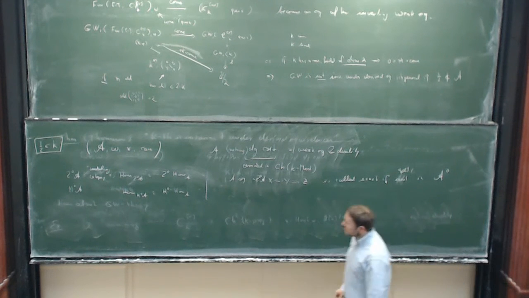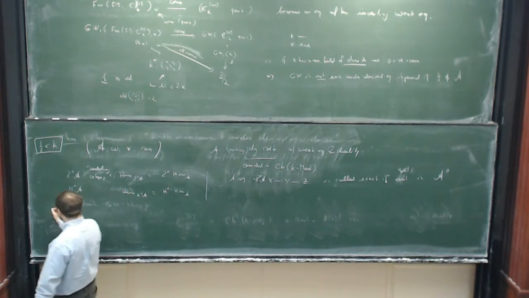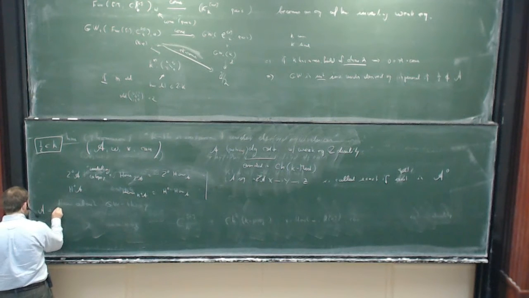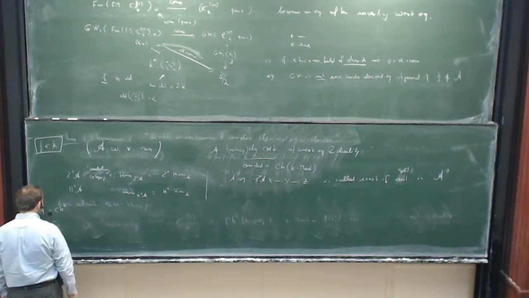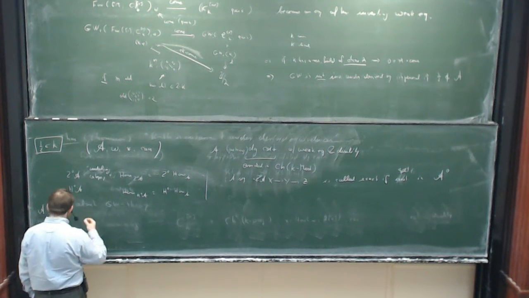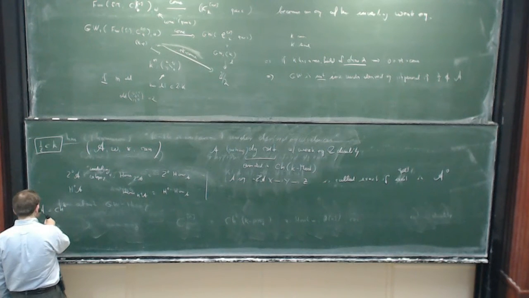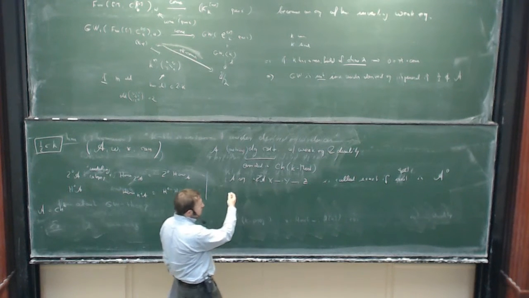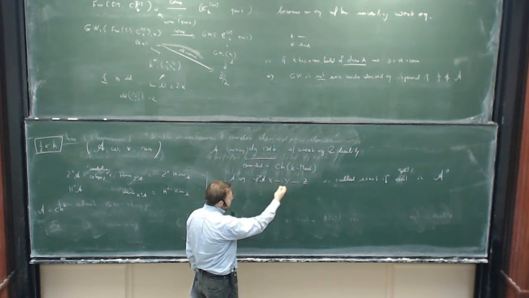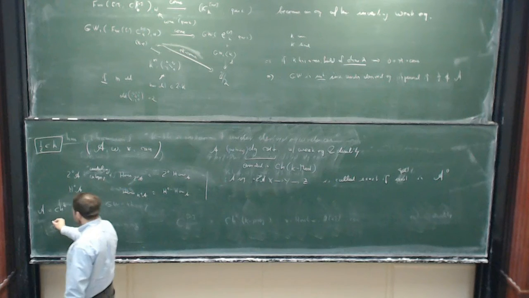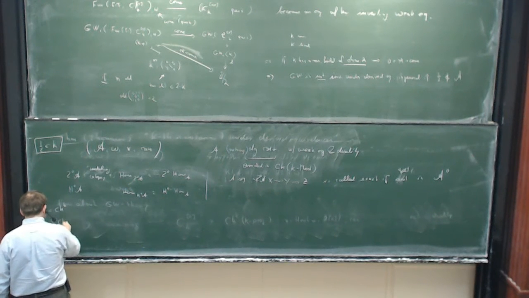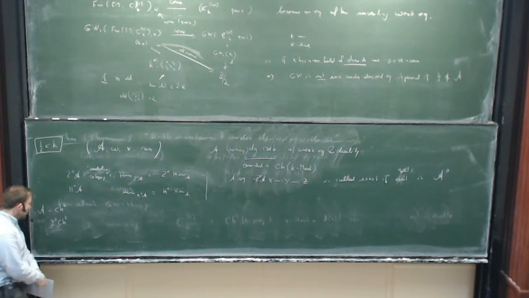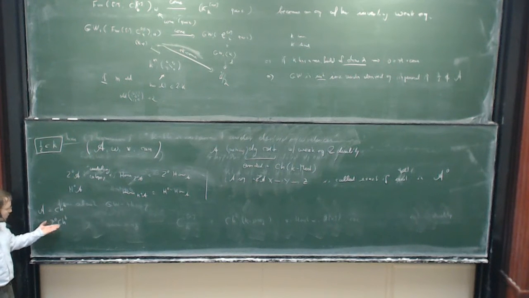So let's do a reality check. If A is just chain complexes, let's say over some ring, so this is a DG category, then Z0 is the usual category of chain complexes and chain maps.